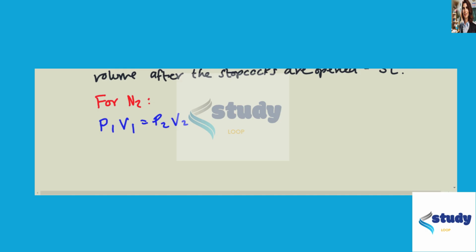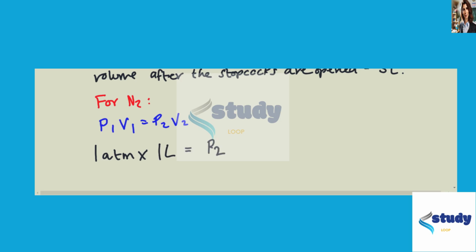So we have 1 atm times V1. We have V1 since the question stated that there are 3 1-liter flasks. So V1 in this case would be 1 liter, and we're left with P2, which we want to find out, times V2.